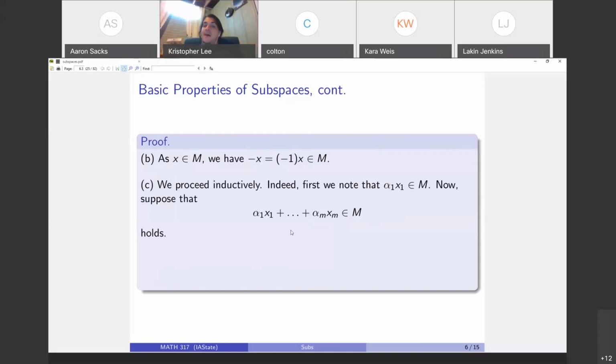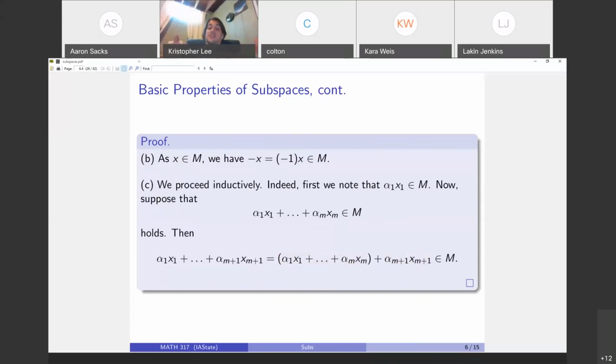So suppose that you could add up m number of things and scale them, and it remains in M. Well, if we go to m plus 1, that summation is just the m summation plus the term that's missing. M is a subspace. This is in the set. This is also in the set because scaling x sub m plus 1 by alpha sub m plus 1 will remain in the set, and it's closed under addition, so when you add them together, you're in there as well.